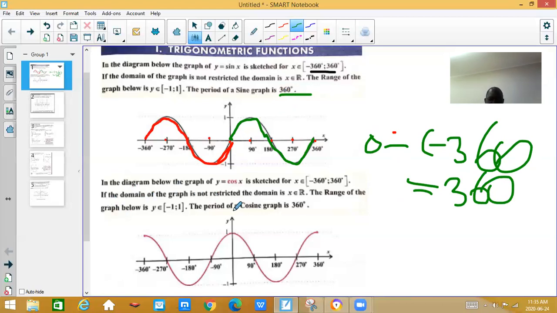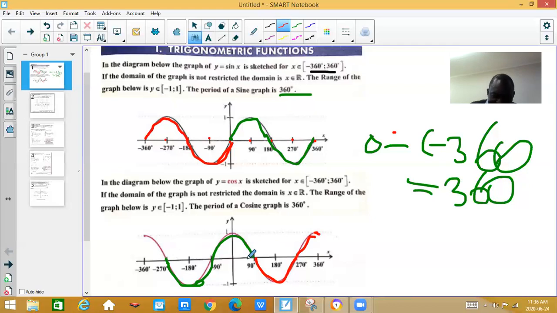Now, the same applies. This was for sine. For cosine, you look at it as well. You can start from anywhere. If you look at this graph from here, this graph is new. If you start from here, it goes on up to here, and you now realize that the graph is starting to repeat. From here, it is repeating, it goes up and it will turn.